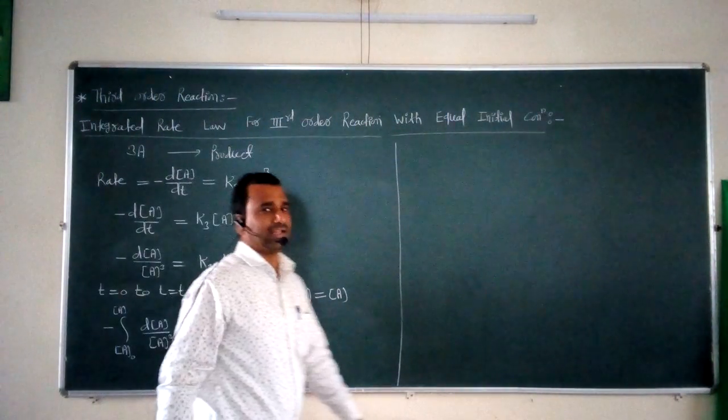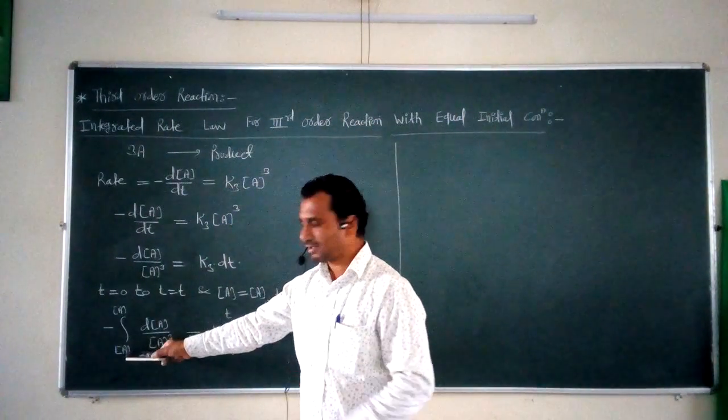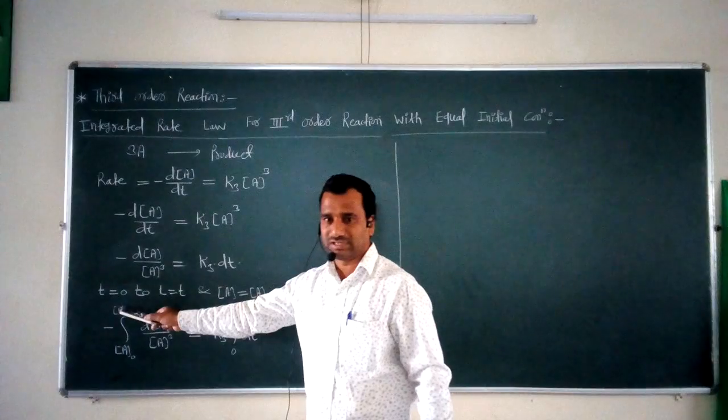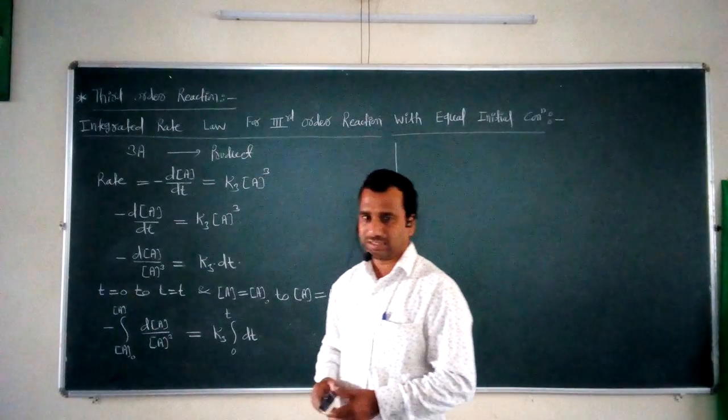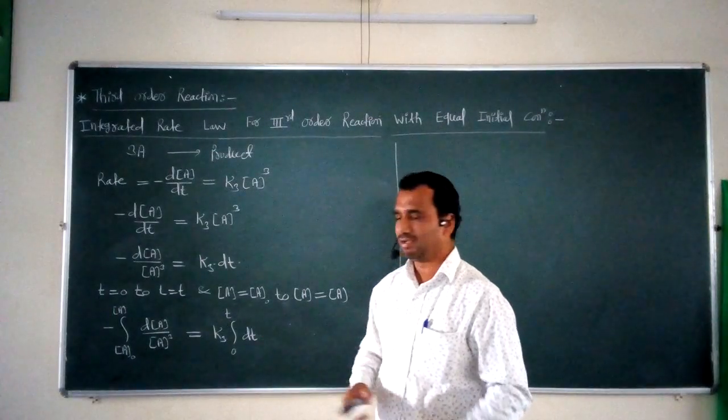So this is the first simple step: minus integration over A0 to A of dA upon A cubed is equal to K3 into integration over 0 to t of dt.